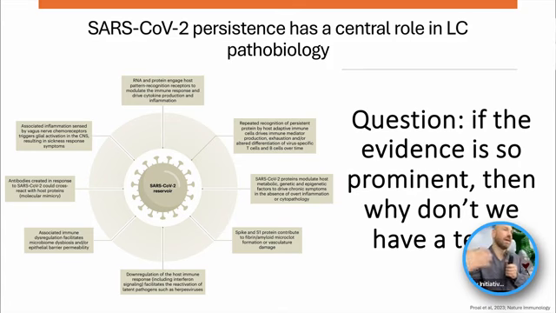The last study that came out to this end showed that in at least 40% of people with long COVID, we were able to see evidence of circulating spike protein in their plasma.